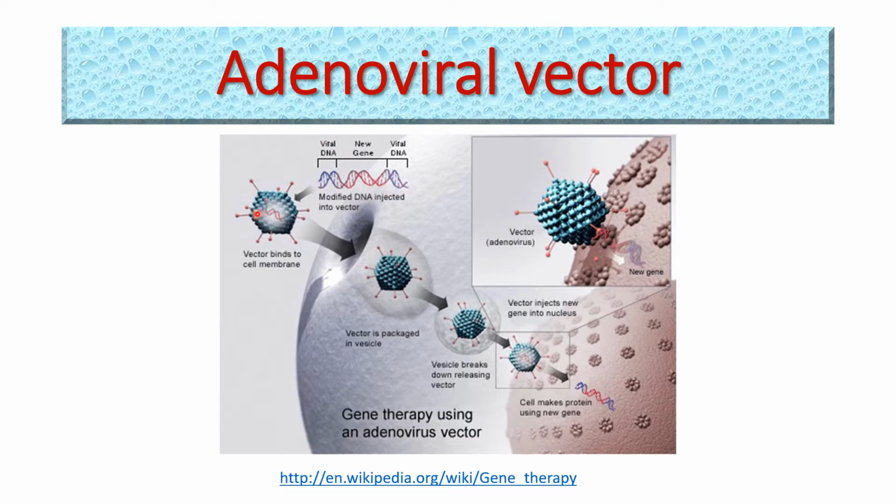Adenovirus can enter the cell using a receptor-mediated mechanism. After entering the cell, the virus will break down, releasing the vector, and the vector DNA will enter the nucleus, so they can produce the new protein that has a therapeutic effect.